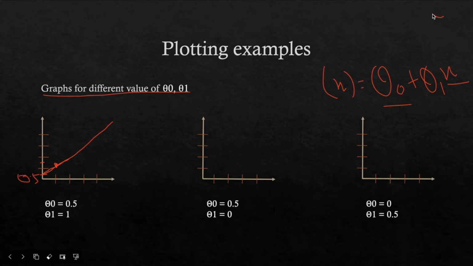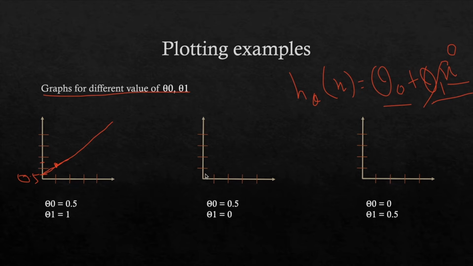Now you have seen this. Let's move on with another example. Now our theta 0 is 0.5 but theta 1 is 0. This means it will not matter whether we change x or not in this example, because theta 1 is 0, so this term will ultimately be 0.